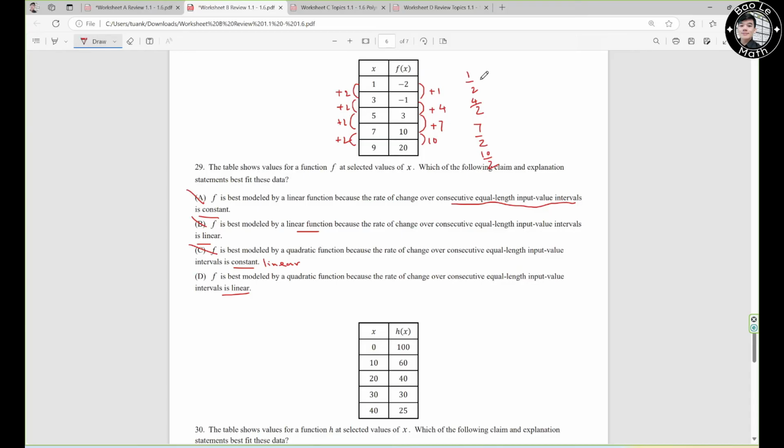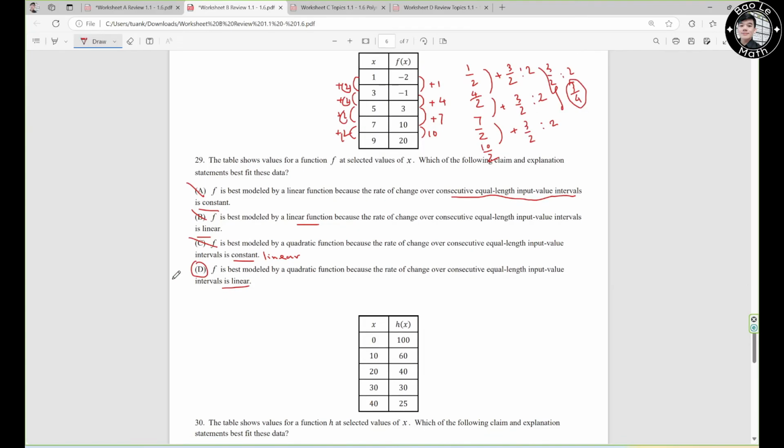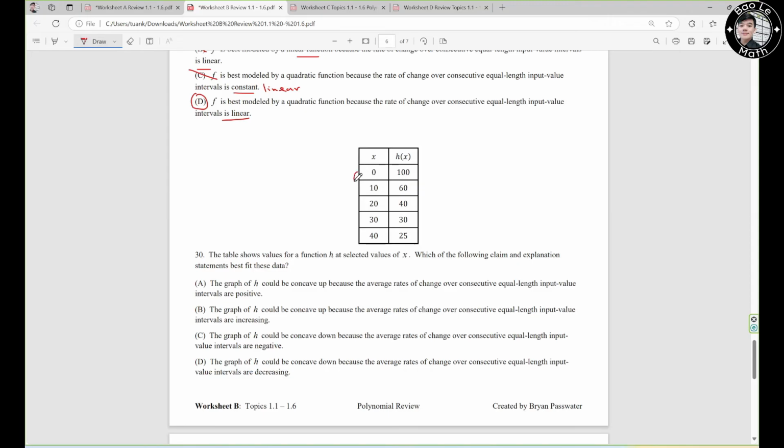Now we need to find the change of this one, right? So this one right here, in order to get 4/2 from 1/2, I'm going to add 3.5, right? This one I add 3.5. This one I'm going to add 3.5, right? So this one tells us the answer must be D. We look at this one right here, we see that every single time we're going to add 10, right?